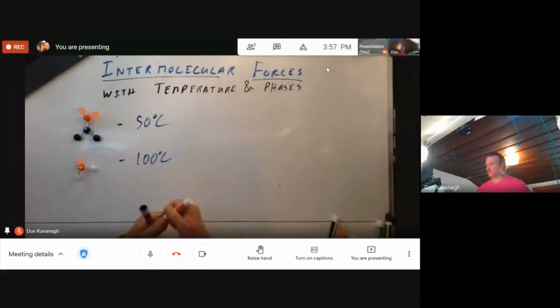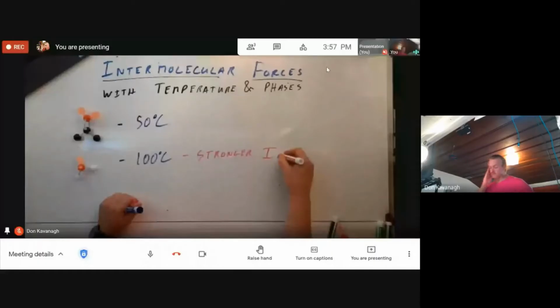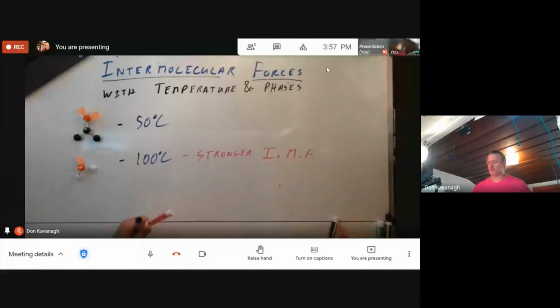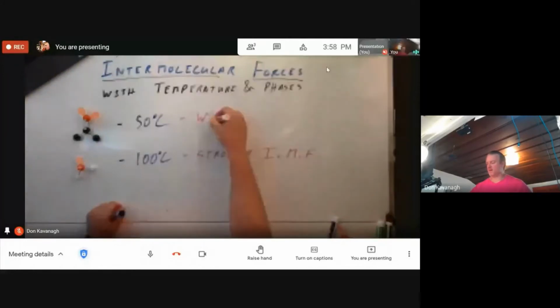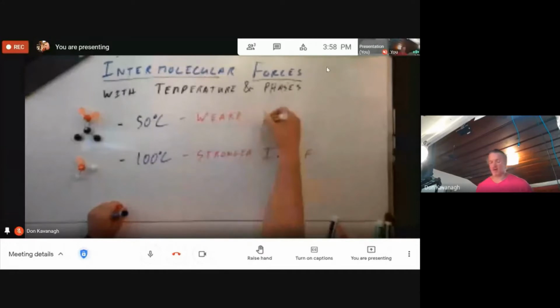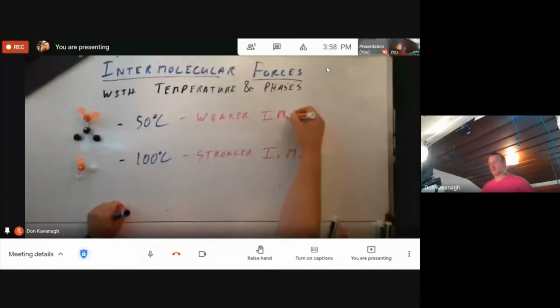I'm going to just abbreviate that IMF. And this has a lower boiling point, so it must have weaker IMFs, intermolecular forces.